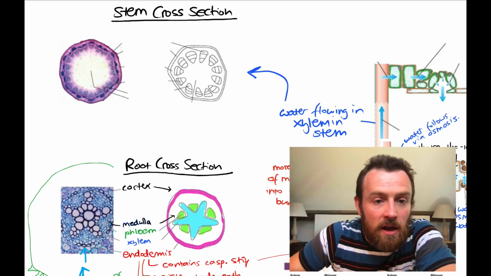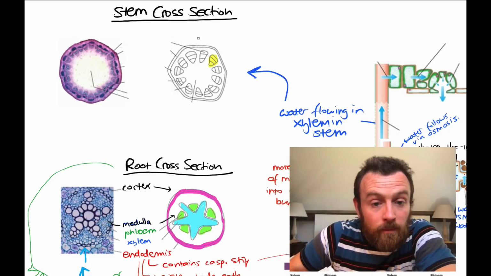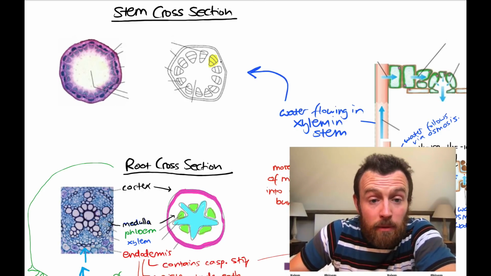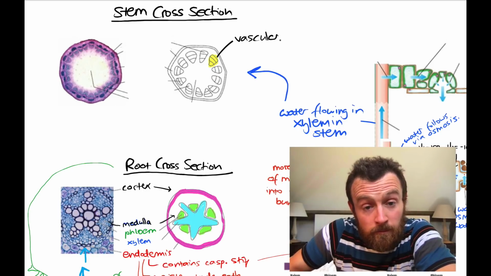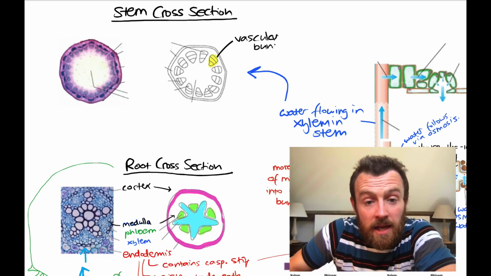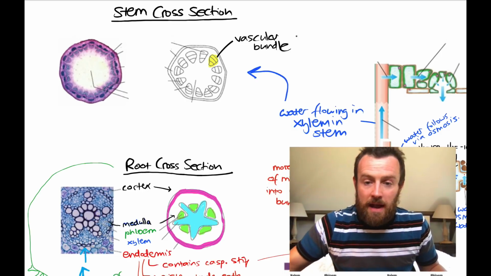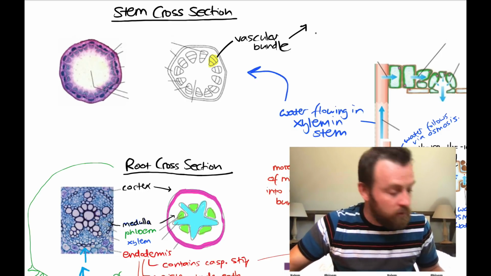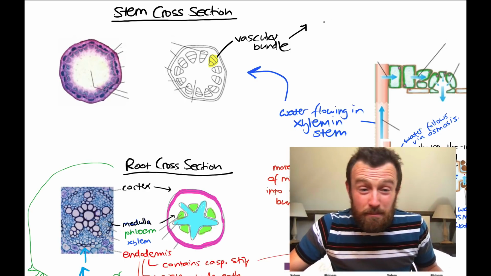So let's actually just highlight one, that whole thing there, and we'll just label it. We'll just say that is a vascular bundle, okay? And in fact, in your textbook, there is a further diagram of a vascular bundle, which I am going to try and draw now, but maybe you could draw it better than me.